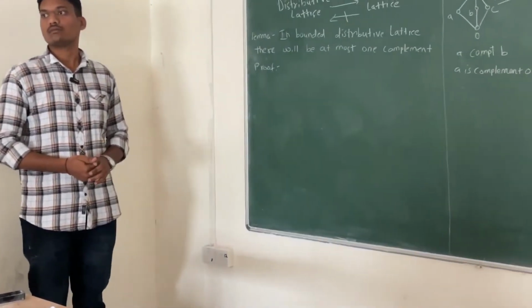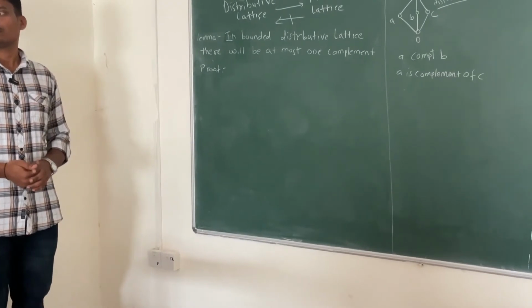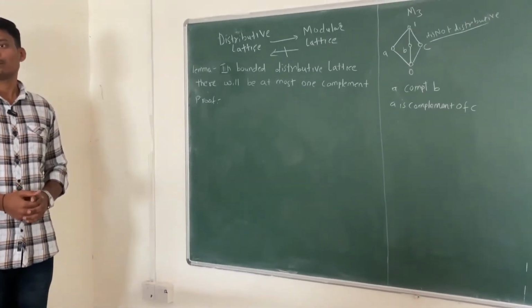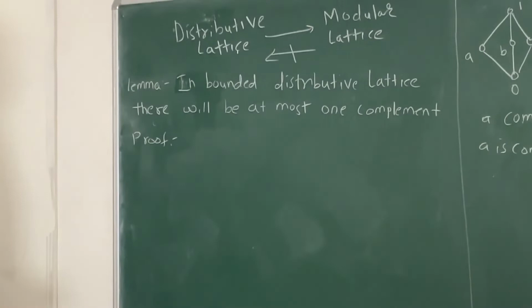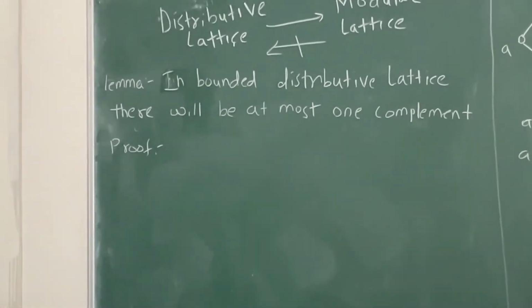Whenever we have a bounded and distributive lattice, that doesn't arise. Any element, if at all it has a complement, will have only one complement. We are not saying that every element will have a complement; there will be at most one complement. Some elements may not have any complement. If there is any complement, then it will be unique.